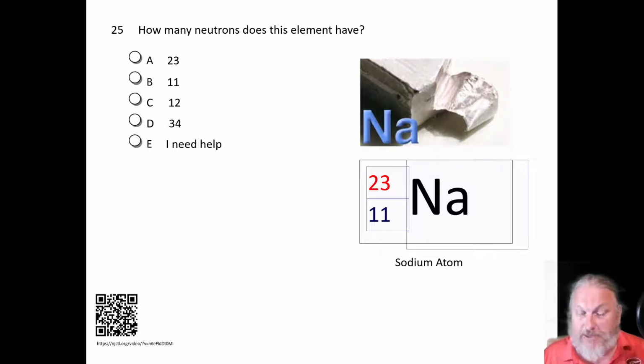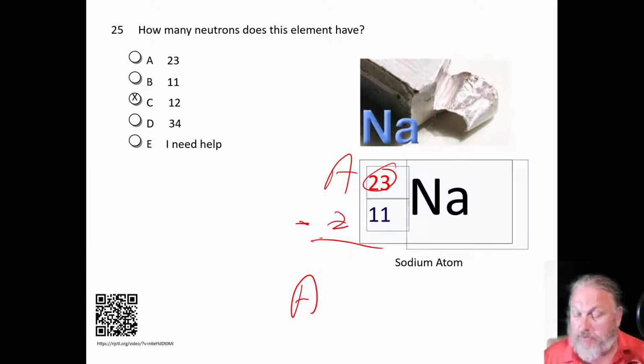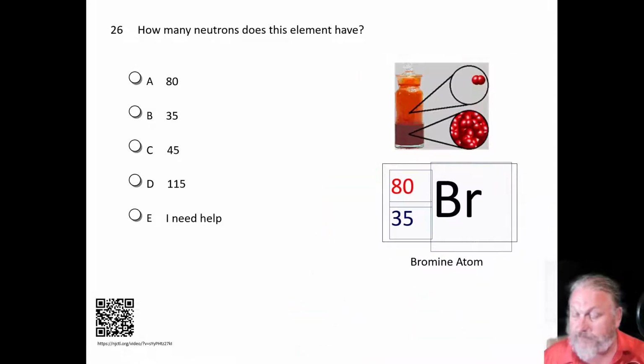Okay, we may have to do a little math on this. Pause. And of course, I hope you said 12 because we know that the A number minus the Z number is going to equal the number of neutrons. So that's going to be 23 minus 11, which gives me 12.